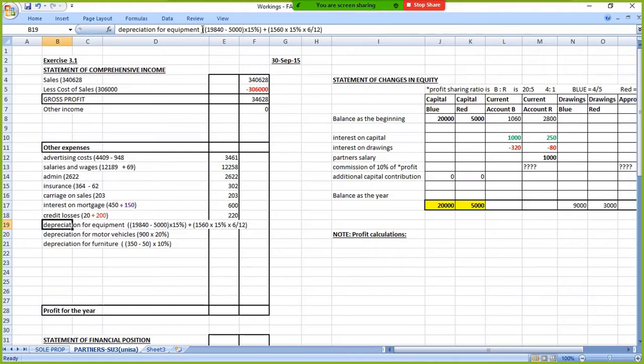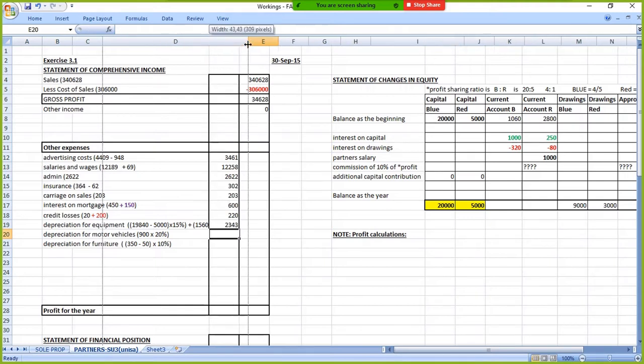Depreciation, we need to calculate all these amounts. There's the total.